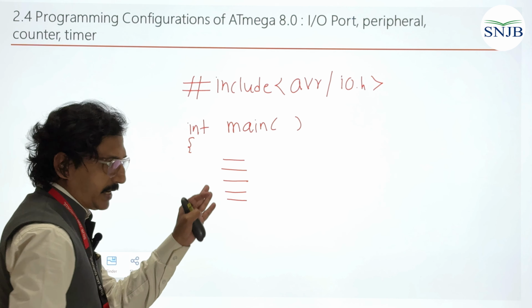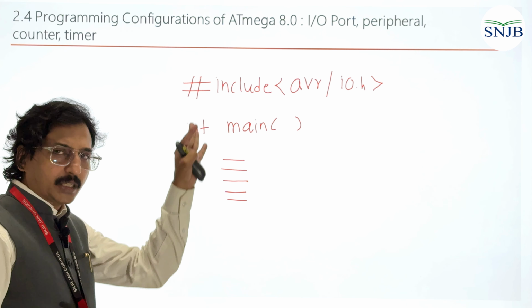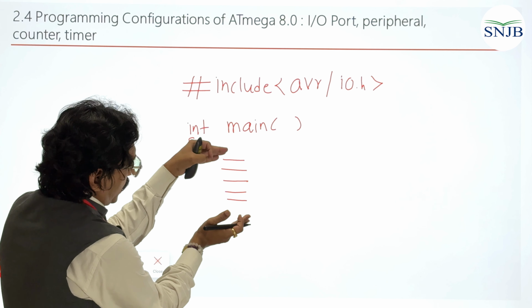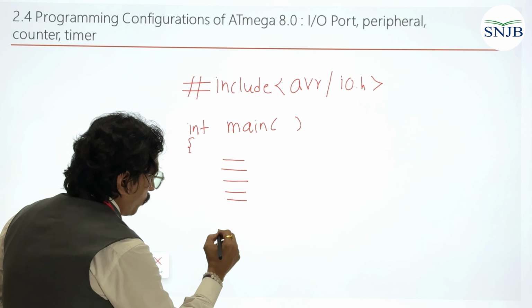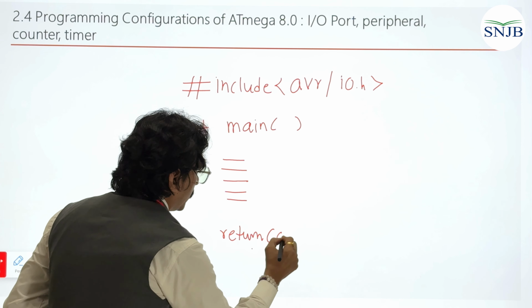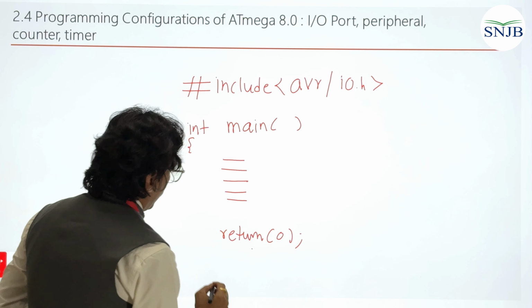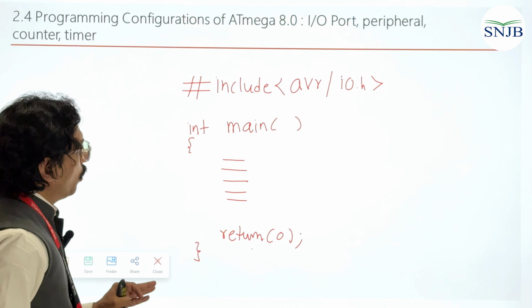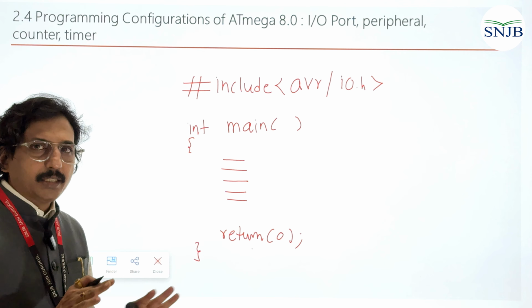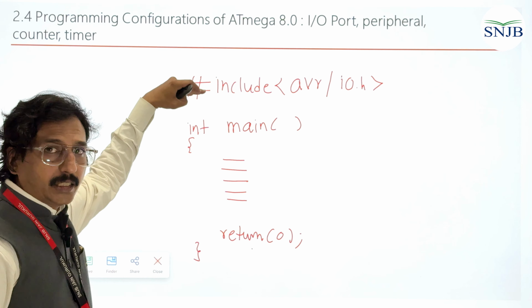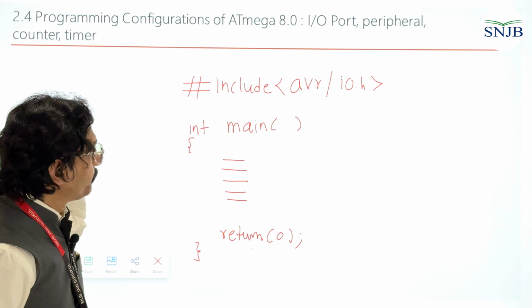We are not considering what the program actually is. This is the structure of the program. After completion of all the instructions, you have to write the return 0 statement, and here our main is going to be completed. So this is the structure of any C language program, that we have to include the avr/io.h header file.